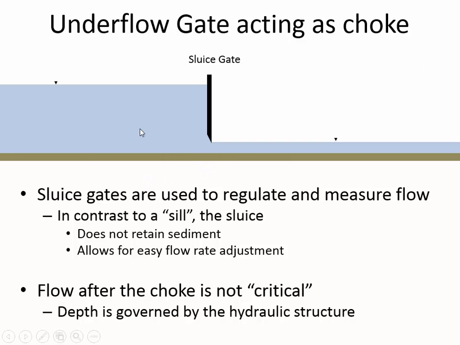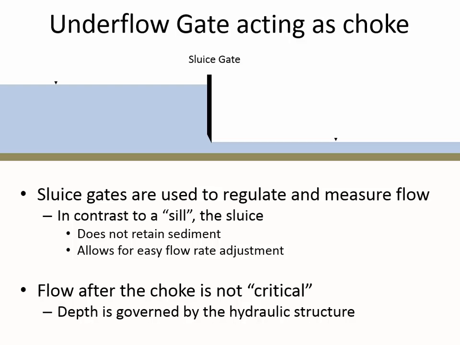And the nice thing about a sluice gate compared to a broad-crested weir is that a broad-crested weir can trap sediment, but a sluice gate's going to remain clean because it's automatically scouring underneath the obstruction. So you may need to remove floating debris, but sediment, which is usually harder to clean up than floating debris, if you had sediment accumulating, then you have to dredge a channel or drain it to shovel it out.